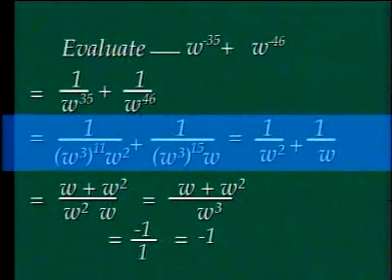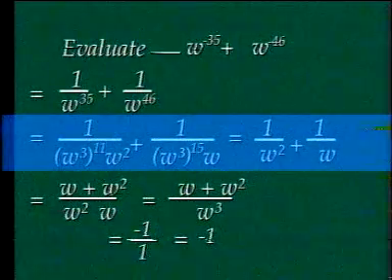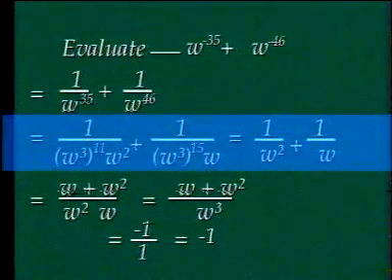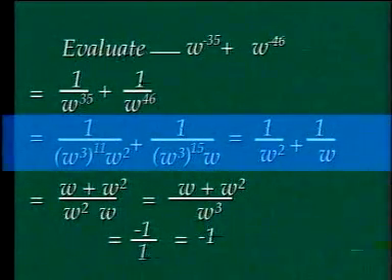That will give you 1 over 1 power 11 into omega square plus 1 over 1 power 15 into omega. That is equal to 1 over omega square plus 1 over omega.